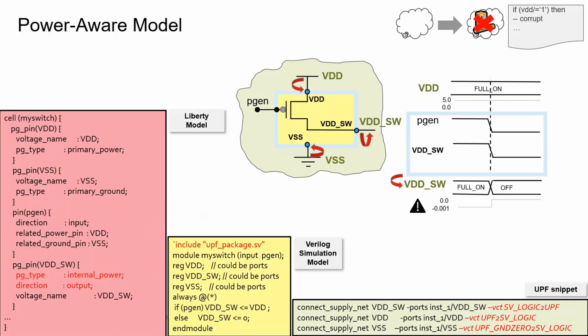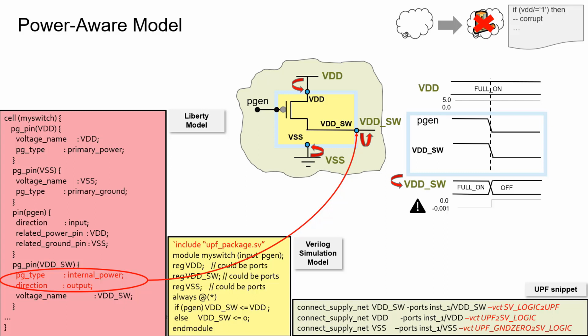Now, think about it. If you are simply passive, receiving supplies, you may end up with what I said. Now, if your block was supposed to generate a power, like for example a switch, and I want to generate VDDSW, the question is how I can generate it. Here, for example, in the liberty model, you see internal power. That means that the tool will figure out that VDDSW is not in the UPF to SV logic sense, it is in the other sense, SV_logic to UPF.